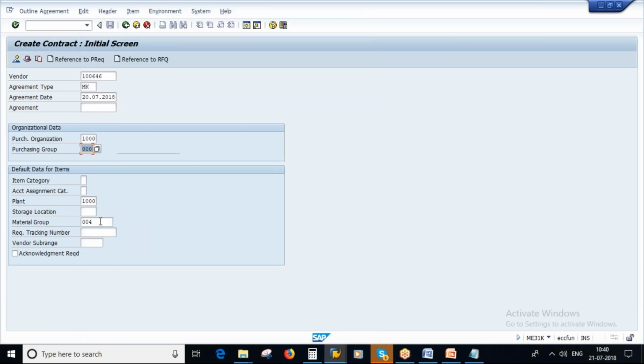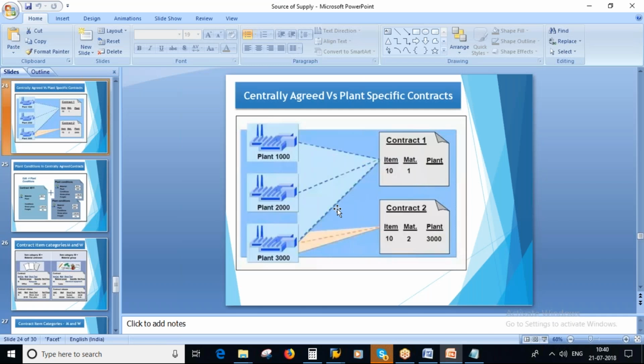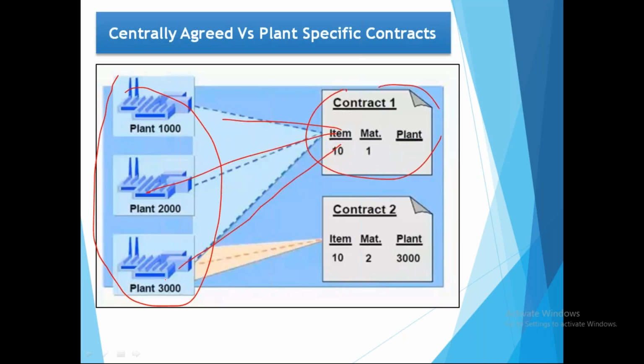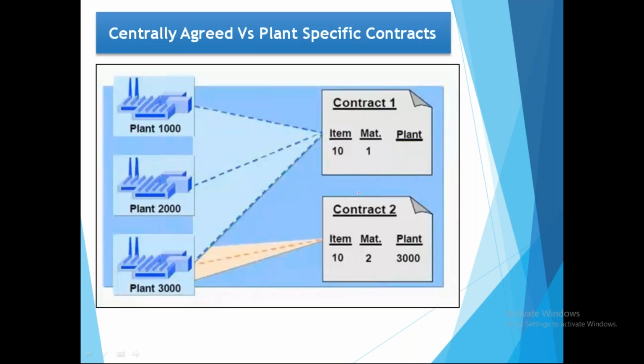Now here we are going to create this contract specific to this plant. If you don't want to create it specific to a plant, if you want to create a centralized contract, you can keep this blank. So contracts can be created in two ways. You can create a centralized one, which means that contract can be applicable to multiple plants, whereas you can create a contract specific to a particular plant.